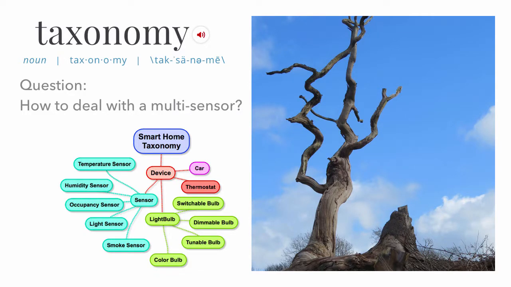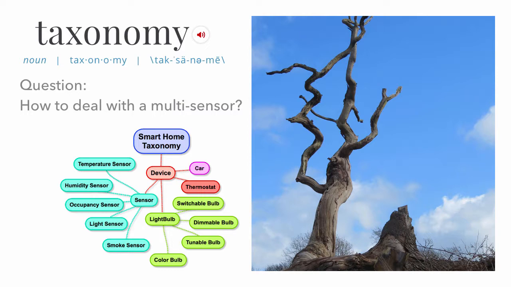For example, there are many devices that are a presence sensor, and at the same time they measure the light in the room. Or you have a weather station that measures the temperature, humidity, and wind, and other things.